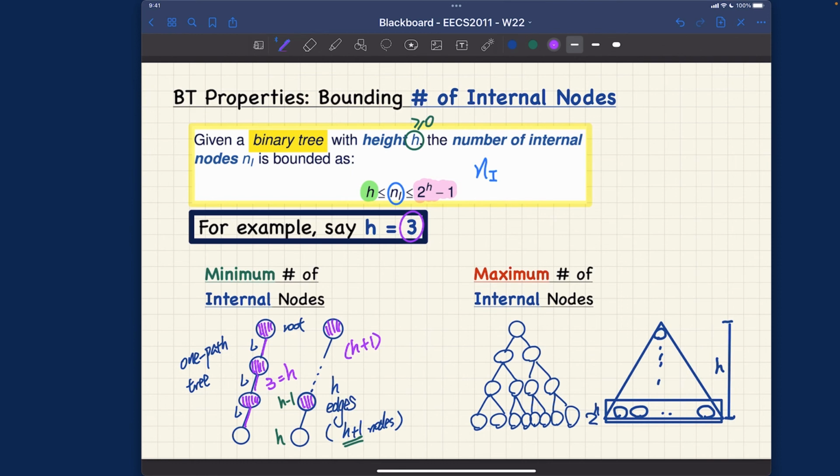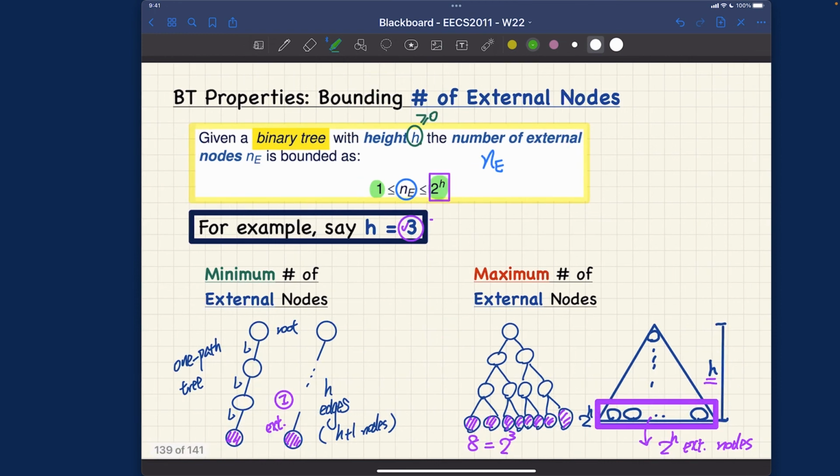The bottom will be the external node, everything else will be internal, which is equal to just h, right? So that is the minimum. Okay, and did I actually highlight the minimum and maximum from before? It should be 1 for the minimum for the external, and over here that should be 2 to the h for the maximum, right? I just forgot the highlights.